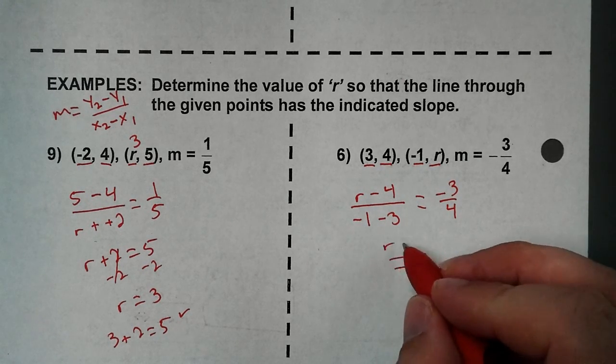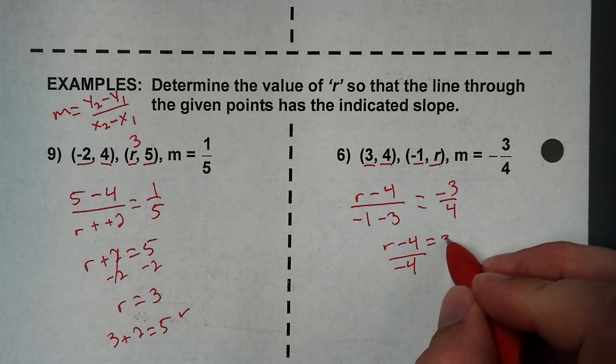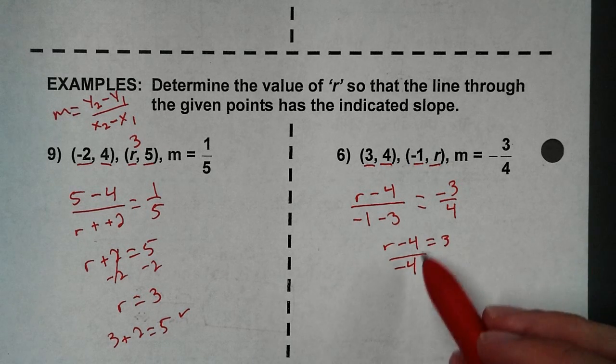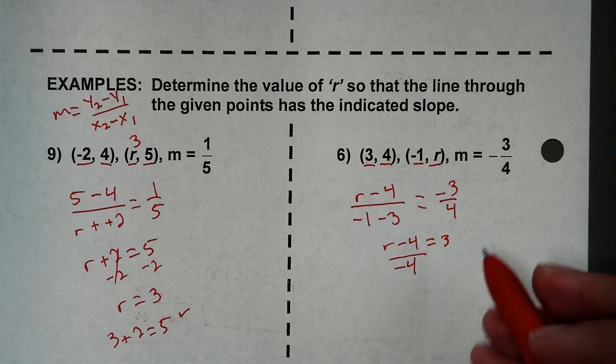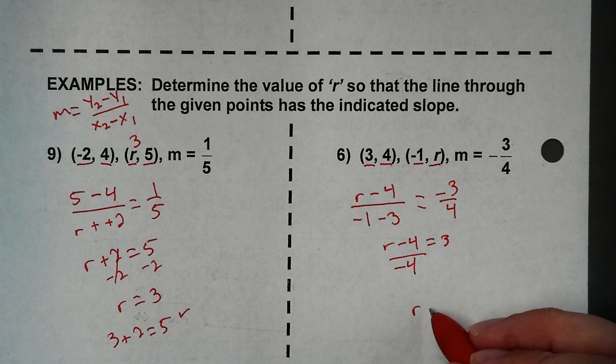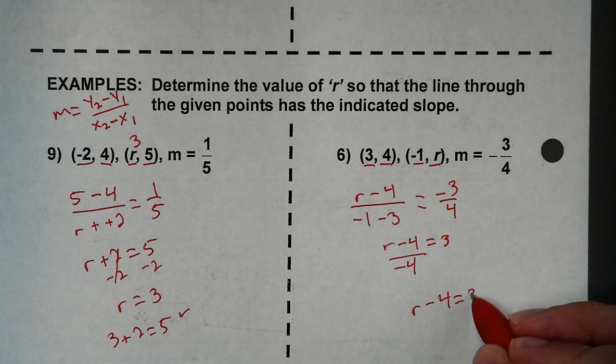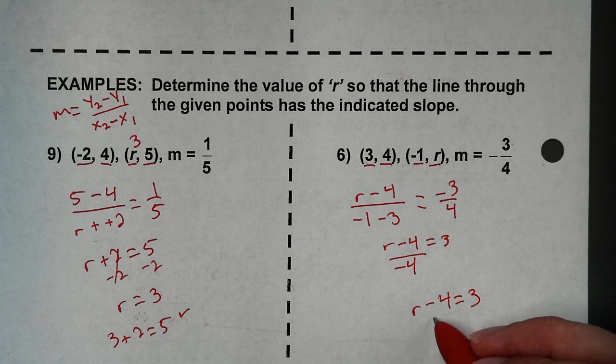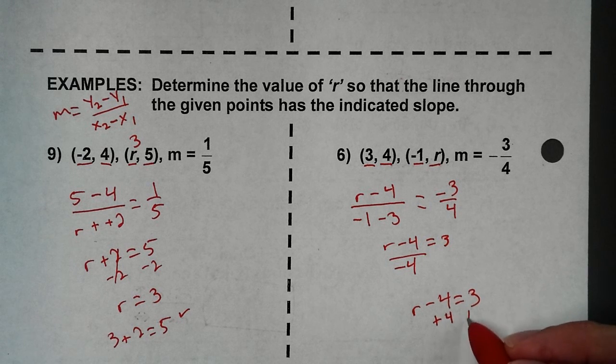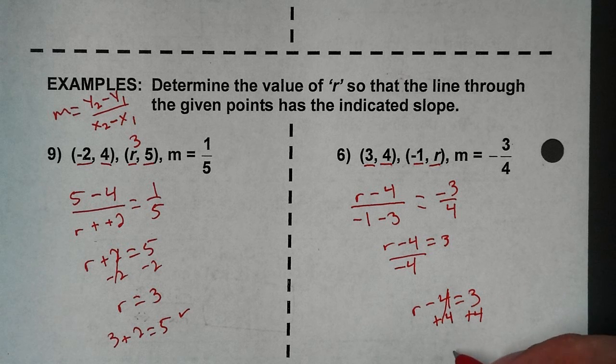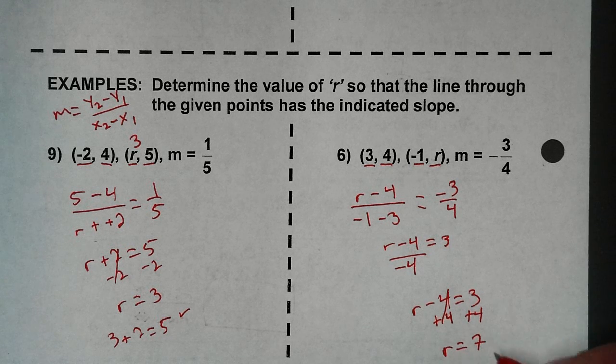So I need r minus 4 to just equal 3, because I already took care of the negative, so now this is just going to be a positive. So for r minus 4 to equal 3, I'm going to have to get r by itself. So I'm going to do plus 4, and I get r is equal to 7.